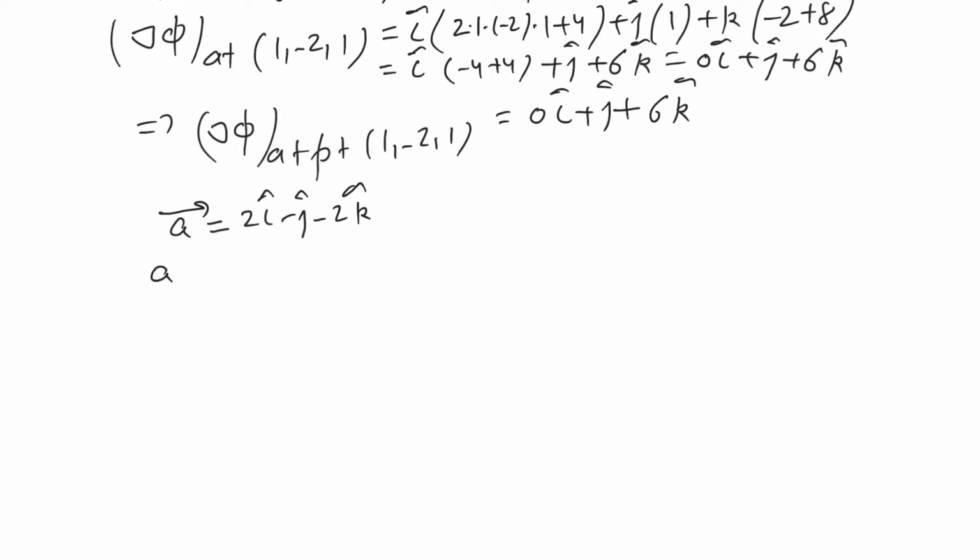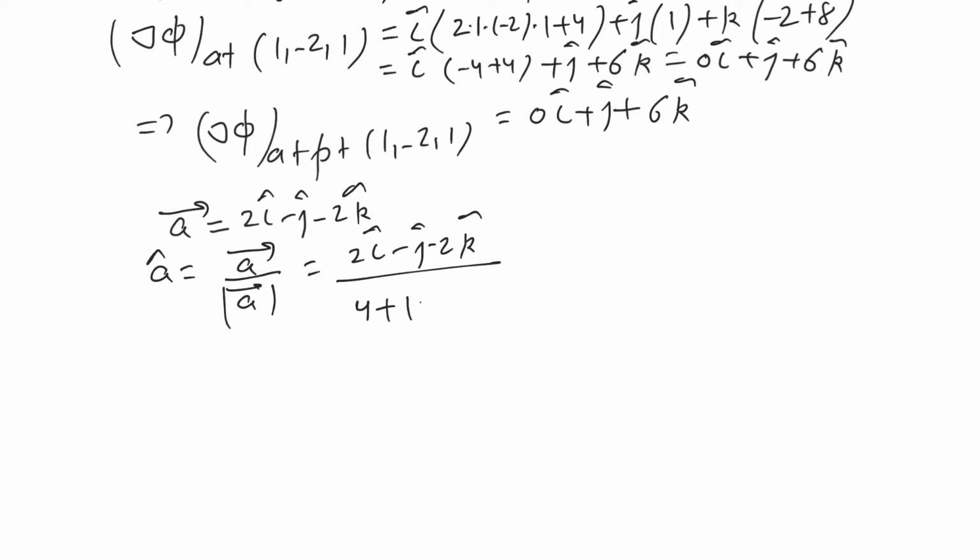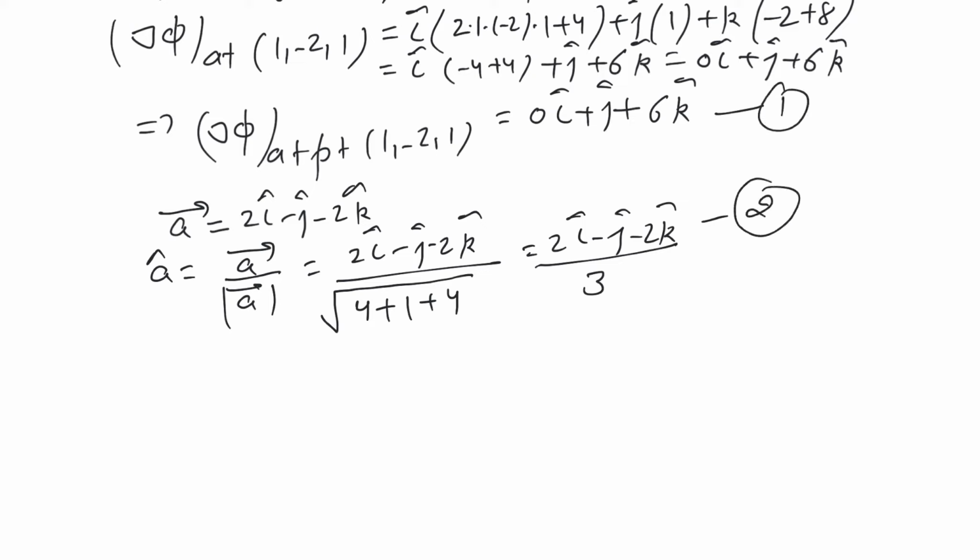Now convert this into a unit vector, and we know that unit vector is vector divided by its magnitude. Vector is 2i minus j minus 2k cap divided by magnitude. 2 square is 4, minus 1 square is 1, minus 2 square is 4, and the square root. It will be 2i cap minus j minus 2k cap, and square root of 9 is 3. So this implies that, name it as equation number 1 and name it as equation number 2.